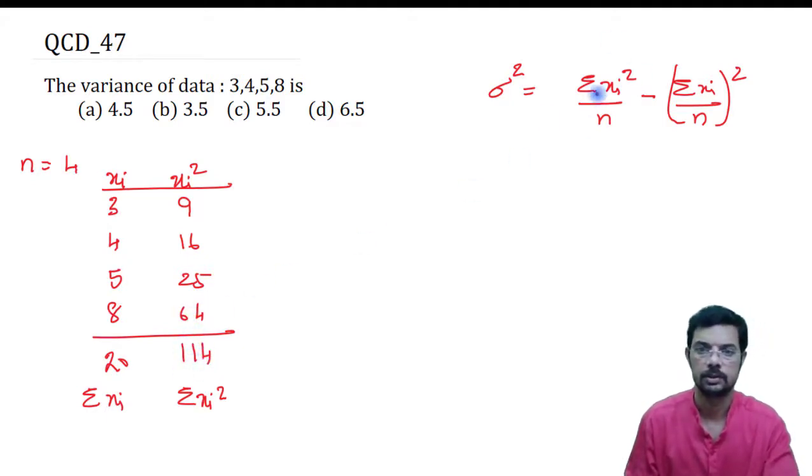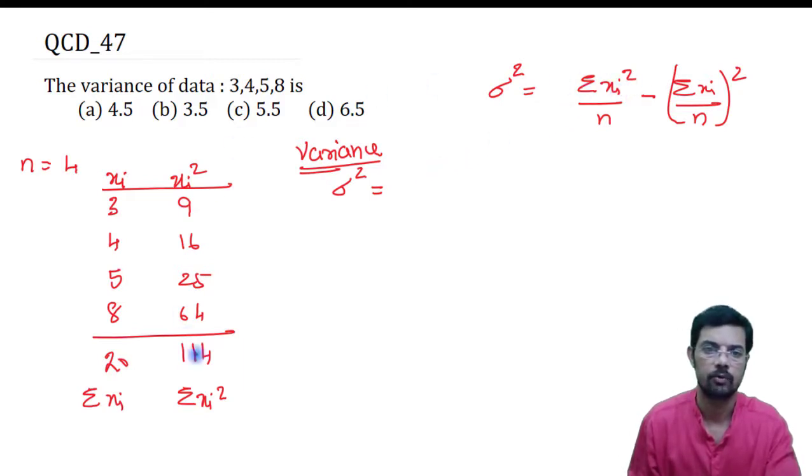So we shall put this into the formula. Sigma square, which is the variance, is equal to sigma xi square divided by n. What is the sum of all squares? Sum of all squares is 114.